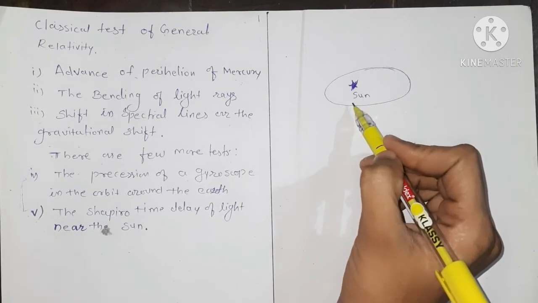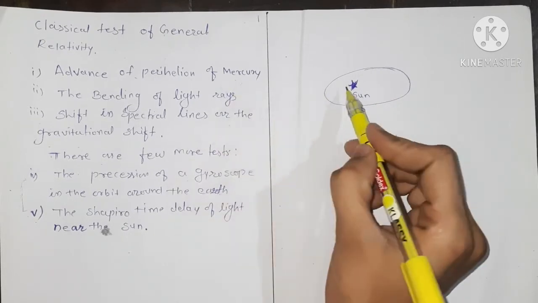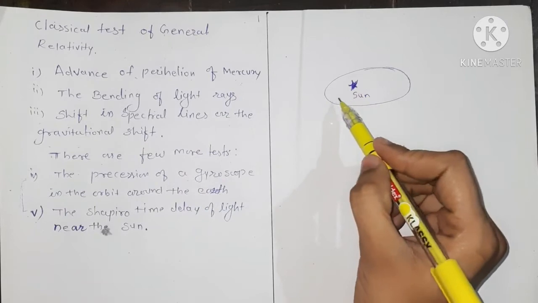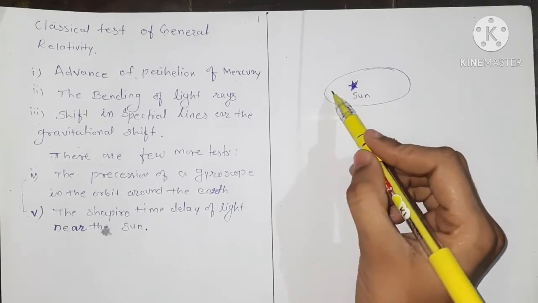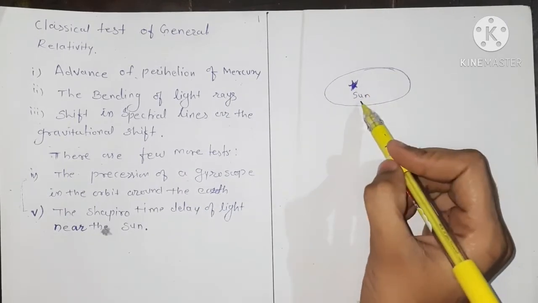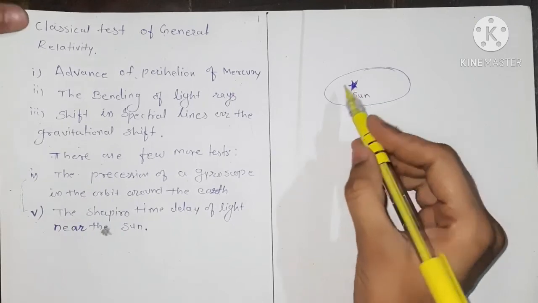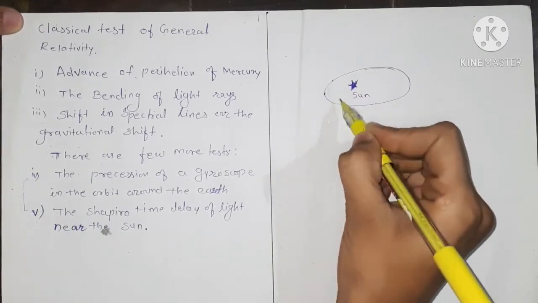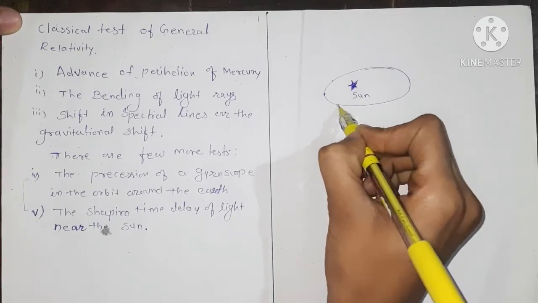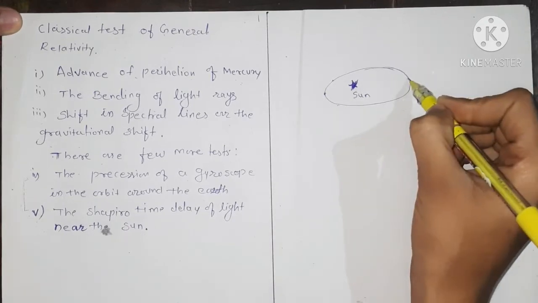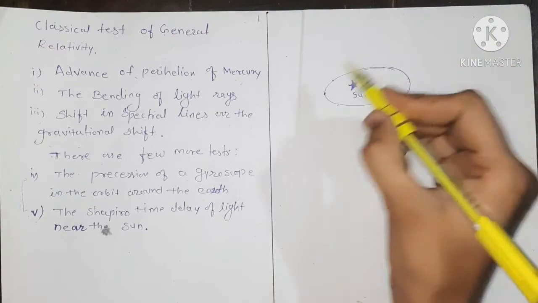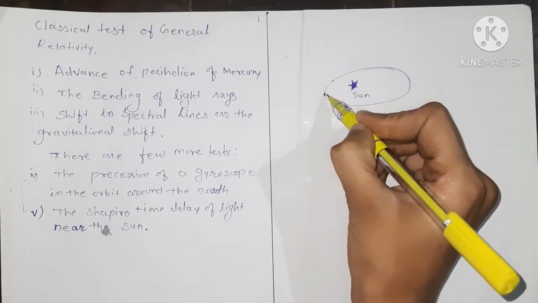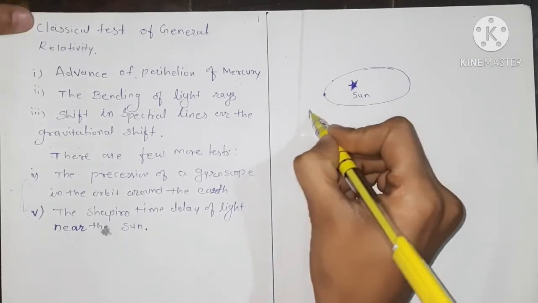Since the planet Mercury is very near to the Sun, it has a perfectly elliptical orbit. This point is near to the Sun, and this point is away from the Sun. If the planet Mercury is near to the Sun at this point, then this is called the perihelion.